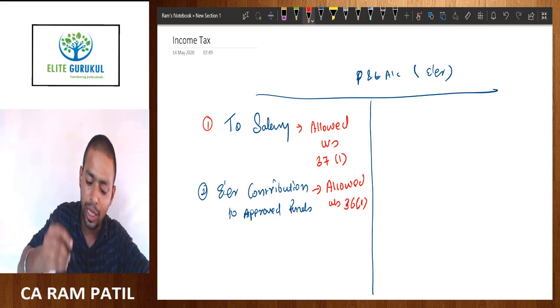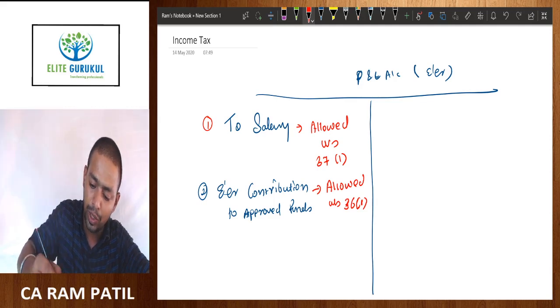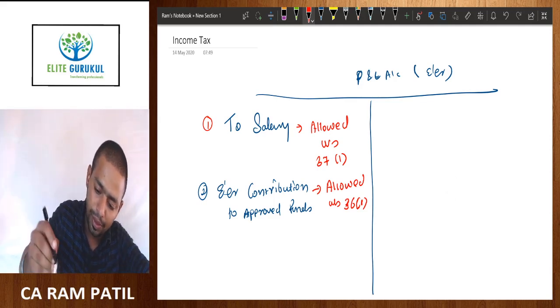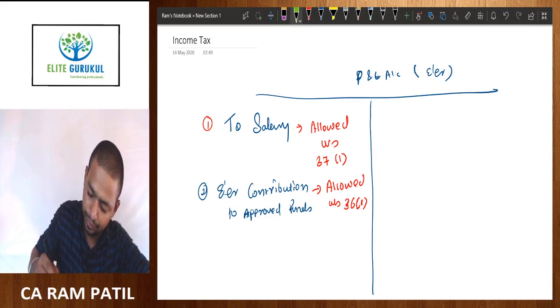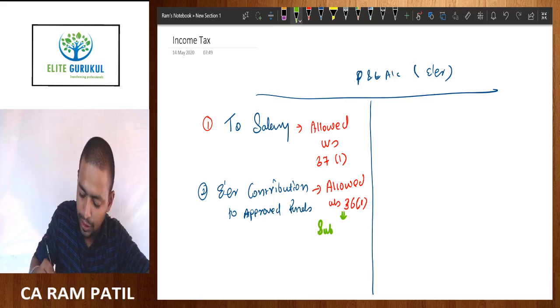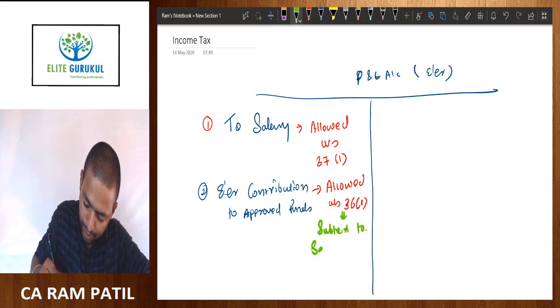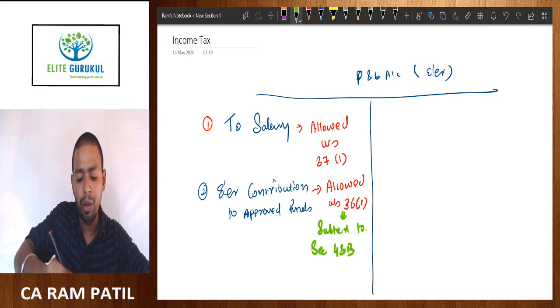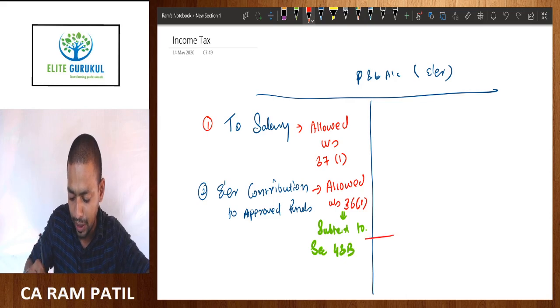The most important thing here is it is allowed but subject to section 43B.